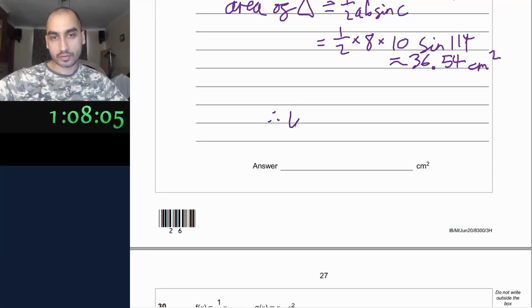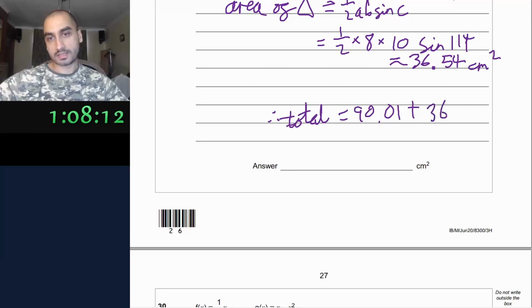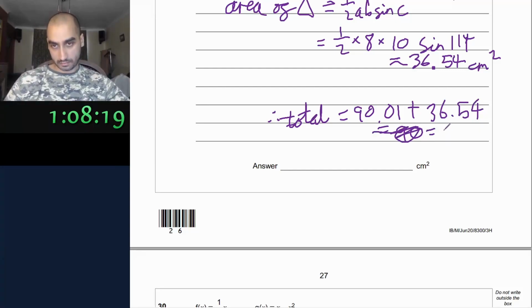Total equals 90.01 plus 36.54 equals 126.55.